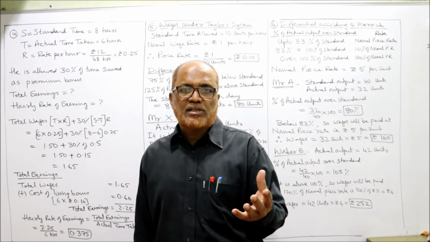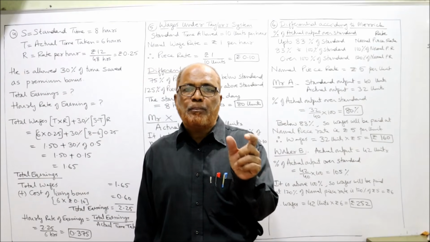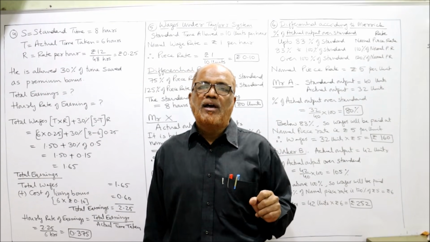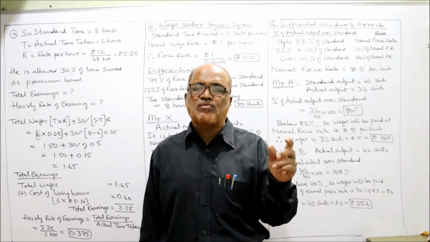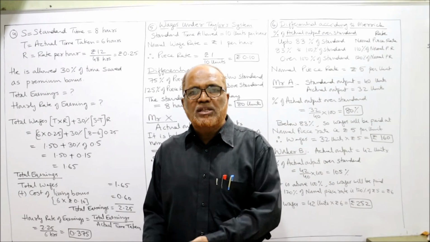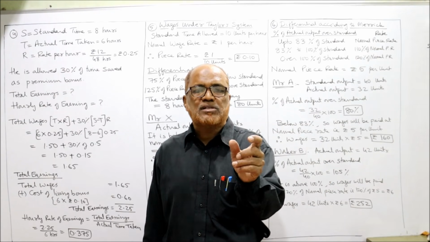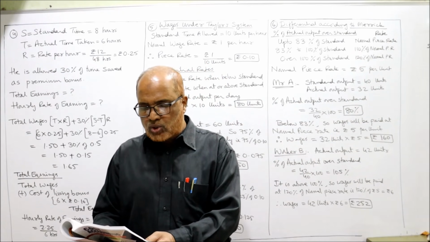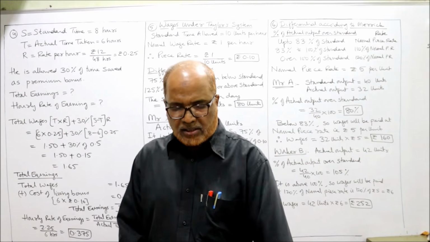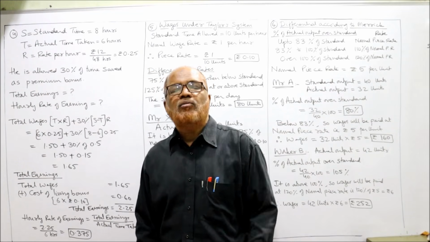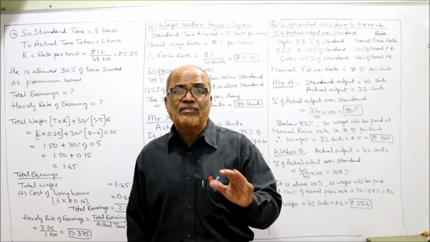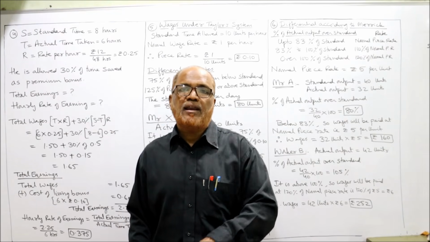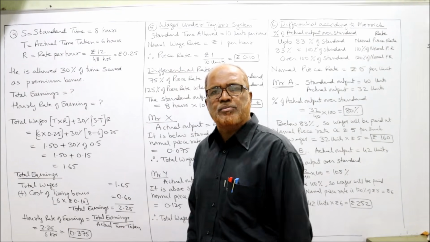Actually in Halsey premium bonus 50% will be allowed, but in this problem specifically it is given 30% of time saved as premium bonus. What would be his total and hourly rate of earnings? So we are required to calculate what is the total earning of the worker and what is the hourly rate of earnings. Very easy problem, simple problem.